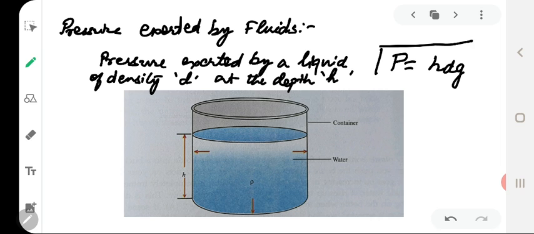This is the expression for pressure applied by fluids or pressure applied by a liquid.